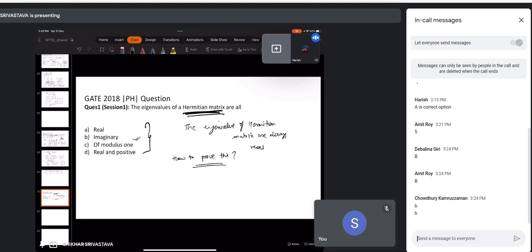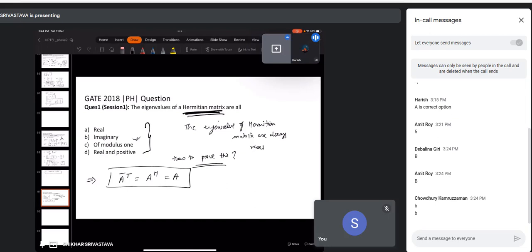First, what is a Hermitian matrix? Suppose you have some matrix A, and you take the complex conjugate of it and then take the transpose. If you get the original matrix A back, then the matrix is said to be Hermitian.